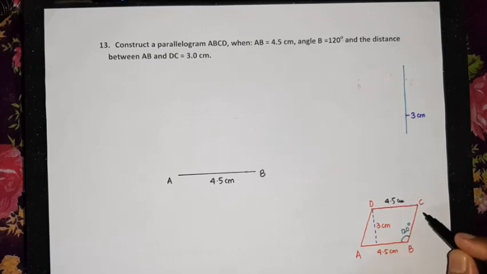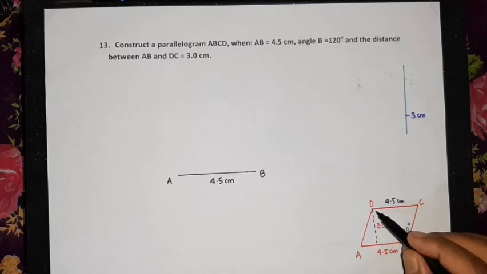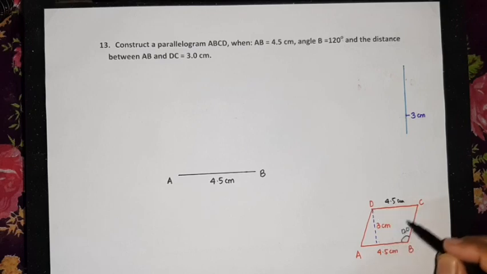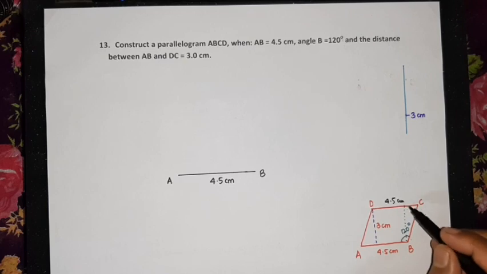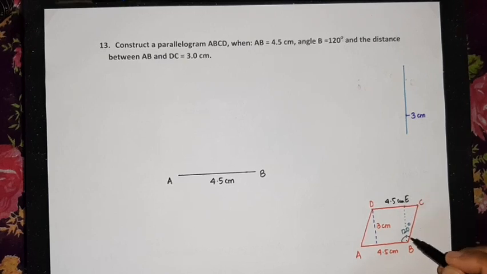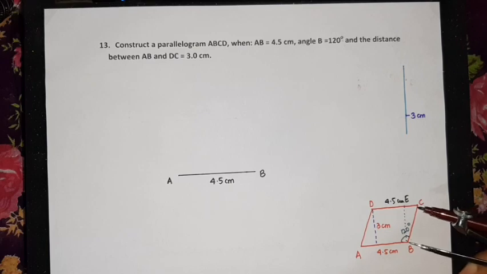This part is not given, so let me keep it as it is. Now the distance between AB and DC is given to be 3 centimeter, and the same thing can be measured from here as well. So let me measure the distance from the point B. Let us start constructing the angles, that is 120 degrees out here.